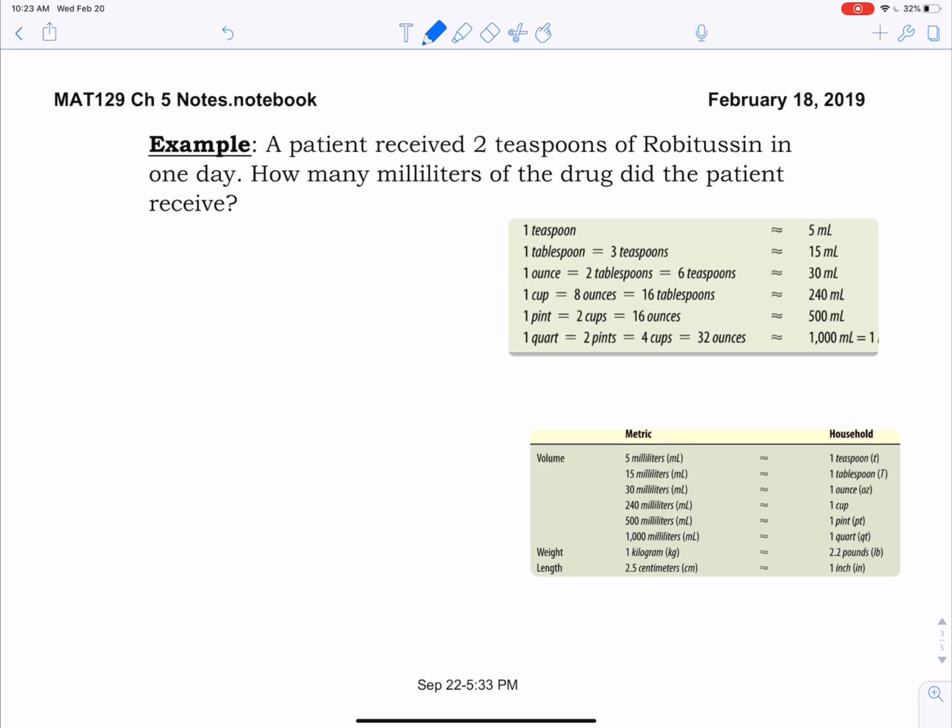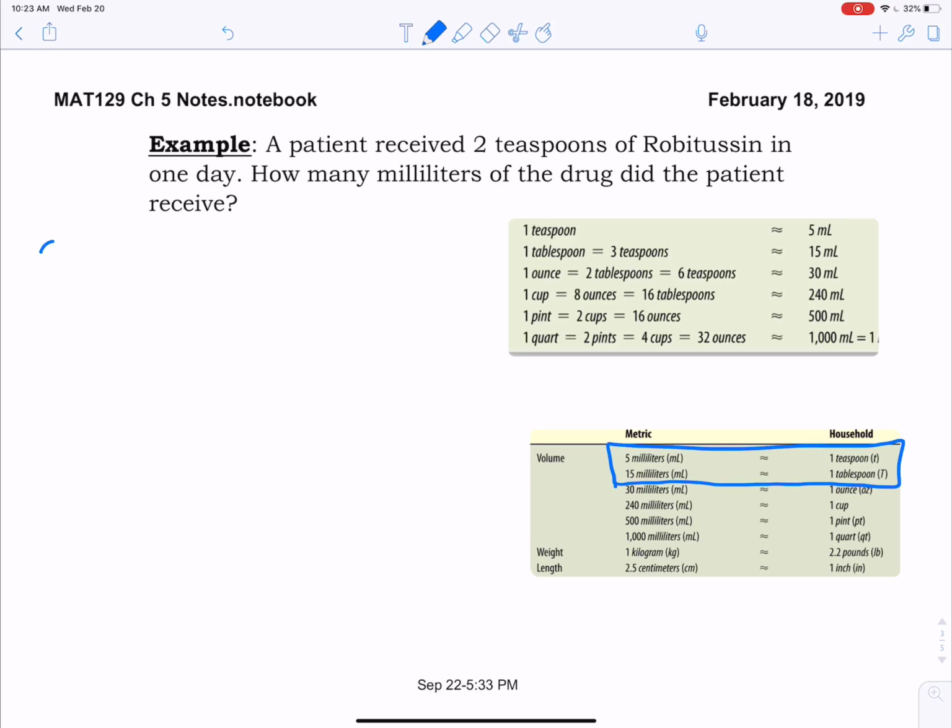It says a patient received 2 teaspoons of Robitussin in 1 day. How many milliliters of the drug did the patient receive? So if we look at the two tables that we had before, we can see that having that 5 milliliters to 1 teaspoon memorized is very much going to come in handy here.